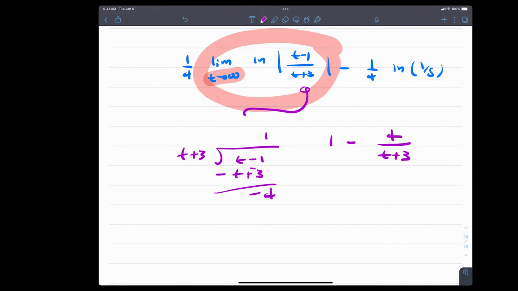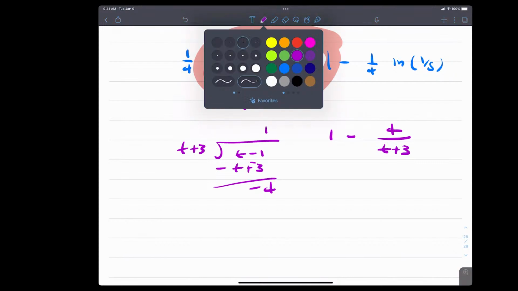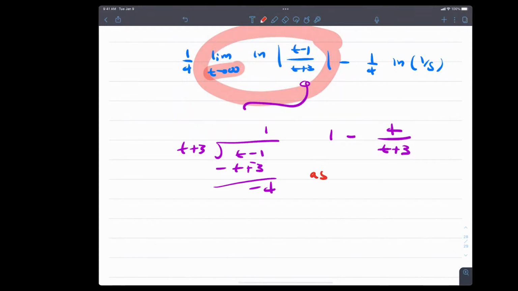You see what I'm saying? If you do the division, this is something that's really nice. As t gets big, 1 minus 4 over t plus 3 goes to 1.